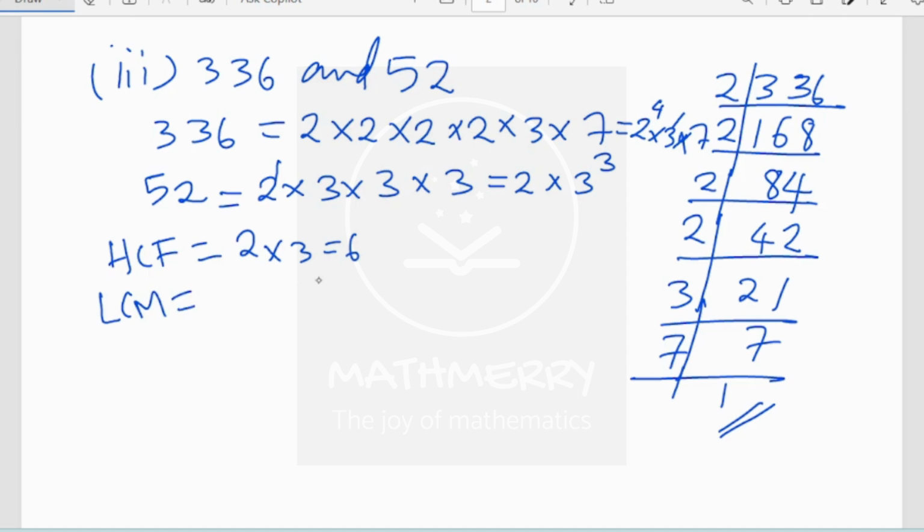Now LCM. You have to take all the factors. Okay, now about the common factors, we have to take only it one time.